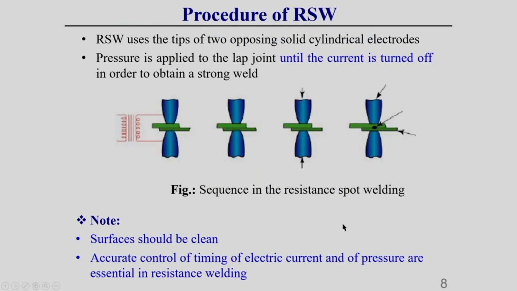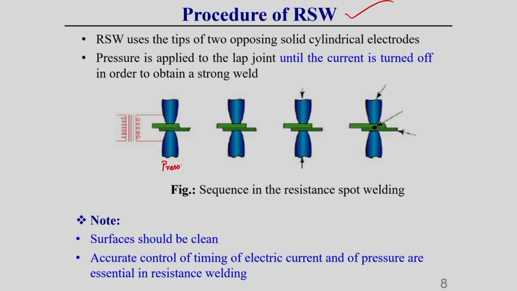Now here I am showing the procedure generally followed in the resistance spot welding process, how a weld is made; you should know that procedure also. Here you see this welding procedure can be divided into 3 different steps. The first step is called pressure apply.